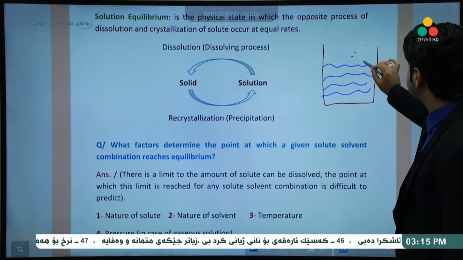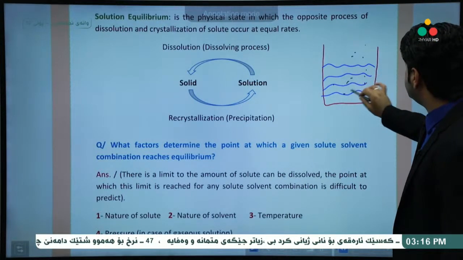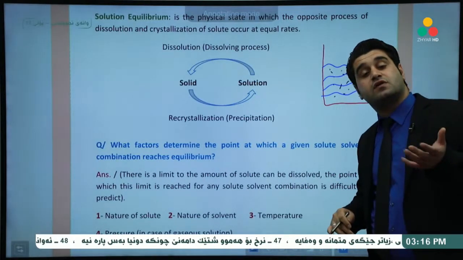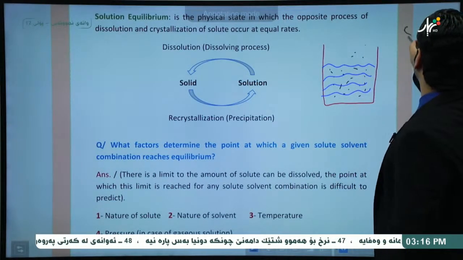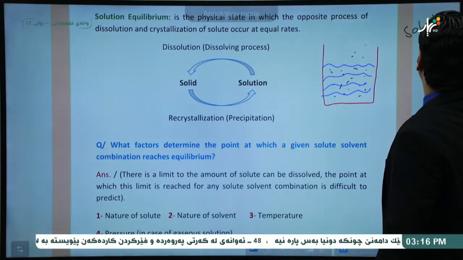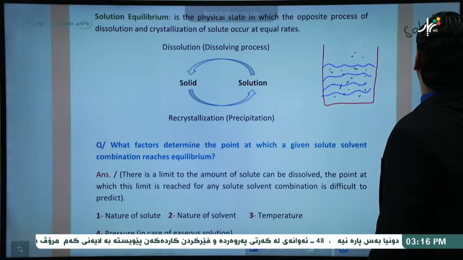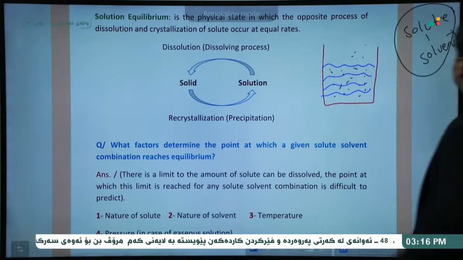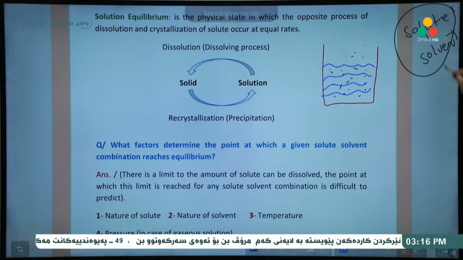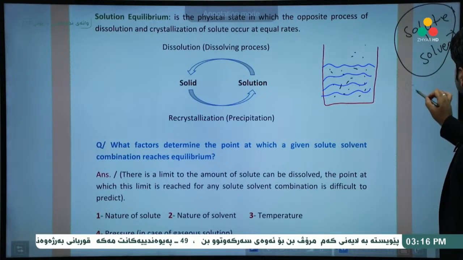This is particles of sugar. So firstly, when sugar particles are exposed to the water, it means solute and solvent collision. If solutes collide with the solvent, it will be a dissolution process.